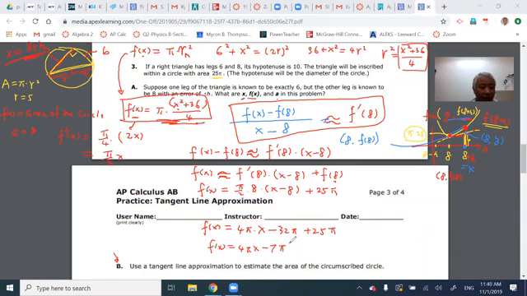Now, if you want to put the answer in the form of h, what we're going to do is this. We simply substitute x equals 8 plus or minus h. We substitute here. We will get 4 pi times (8 plus or minus h), and then minus 7 pi.